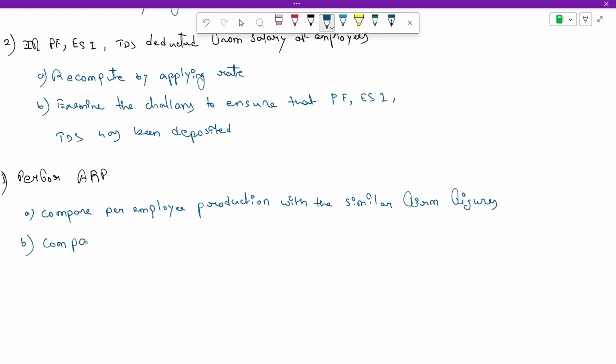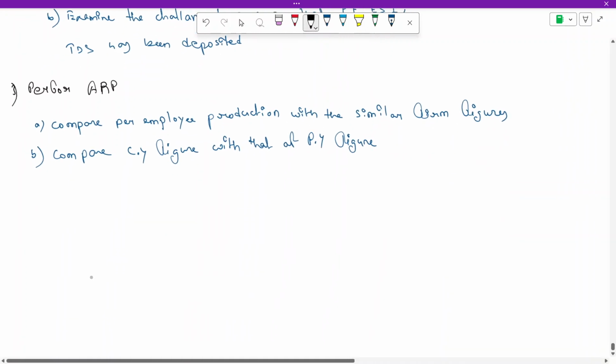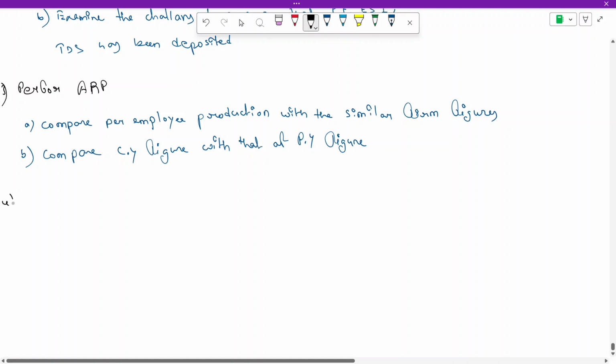Compare current year figure with that of previous year figure. In case of newly hired, okay.